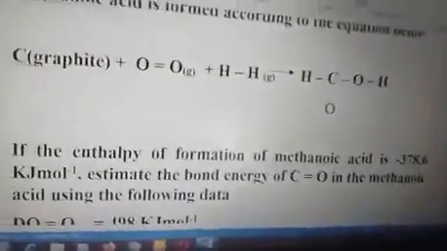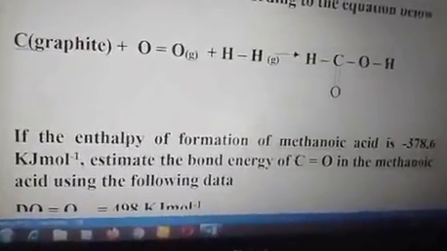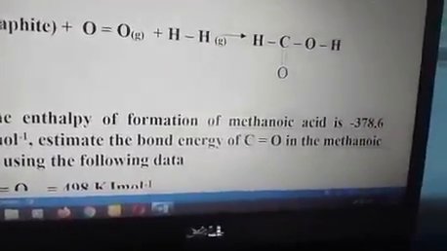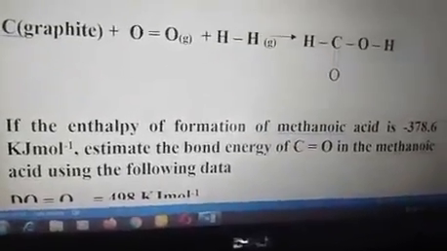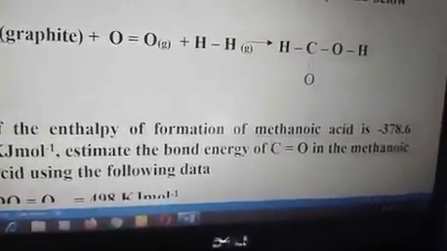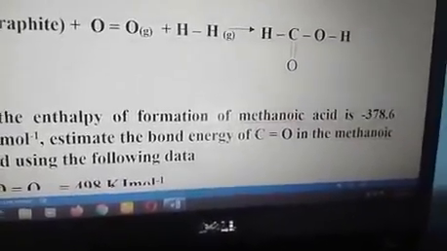So we are told the enthalpy of formation of methanoic acid is minus 378.6 kilojoule per mole. Estimate the bond energy of the carbon to oxygen double bond in methanoic acid using the data below.